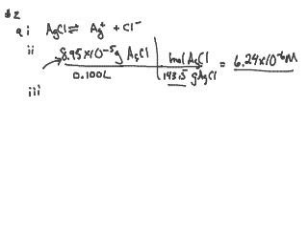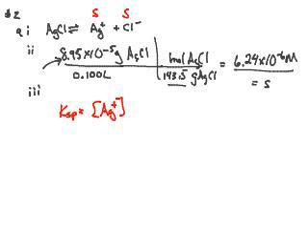It is: calculate the value of the solubility product constant. This is the molar solubility, so this is equal to S, as we've learned. Silver chloride breaks down into S and S. So the KSP is equal to the concentration of the silver ion, which is S, times the concentration of the chloride ion, which is S, or S squared.